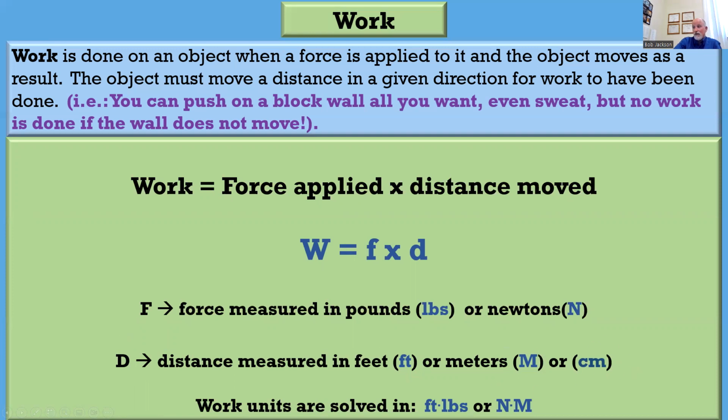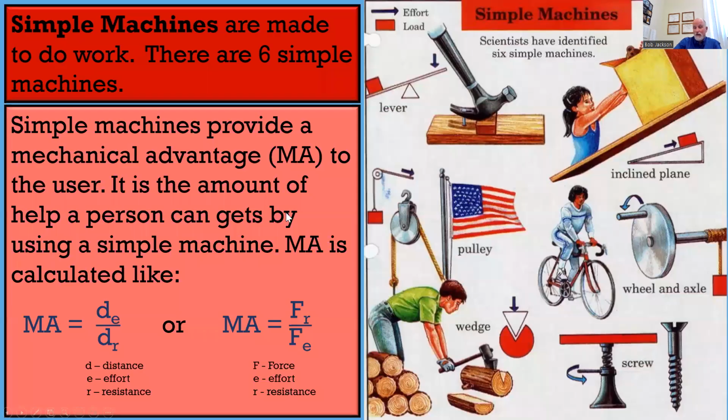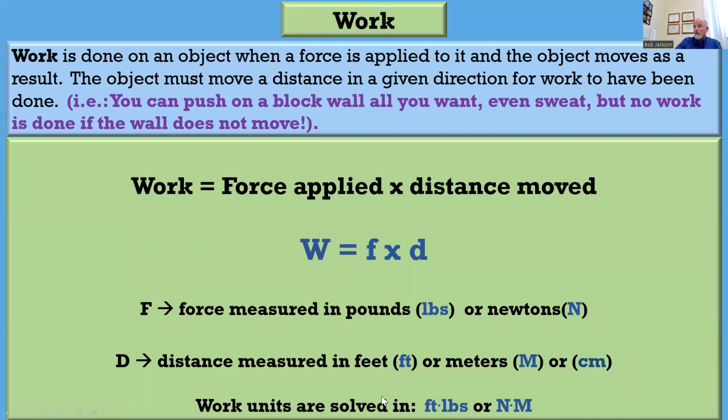So when you solve a problem for the amount of work done, the answer would be in foot-pounds for English units, but it'd be newton-meters if it was metric. And a newton-meter can also be called a joule, where you'll see a J. So if you see an answer of J for the work done on something, it is the same thing as a newton-meter. Okay, so that's work.